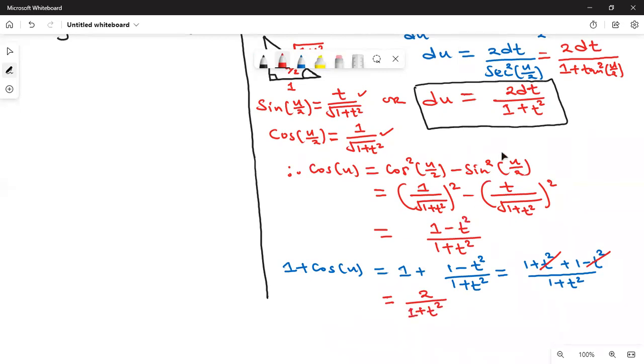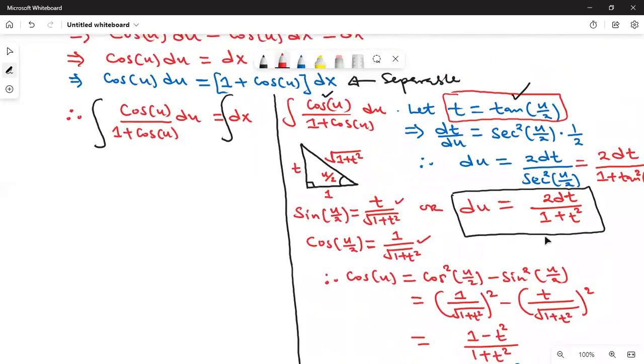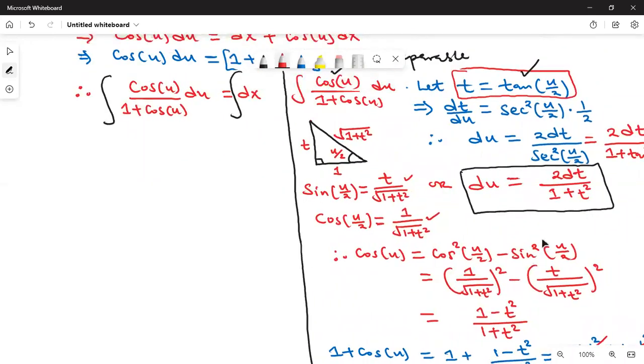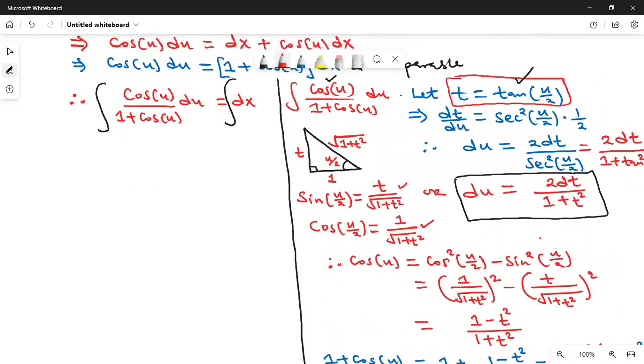Now we can go back to our integral. Look at this integral on the left-hand side: the integral of cos u over 1 plus cos u du. First of all, I needed to write cos u over 1 plus cos u.